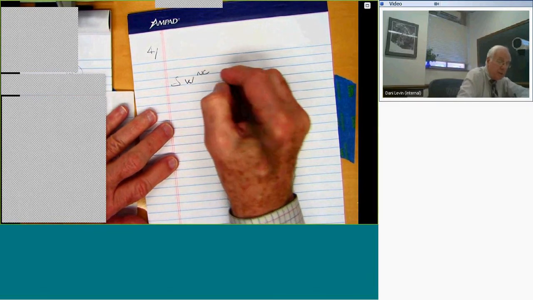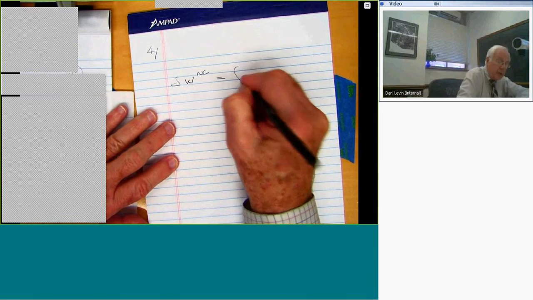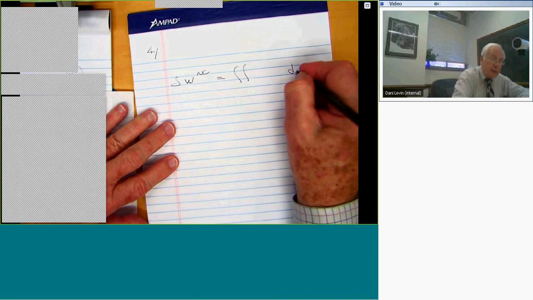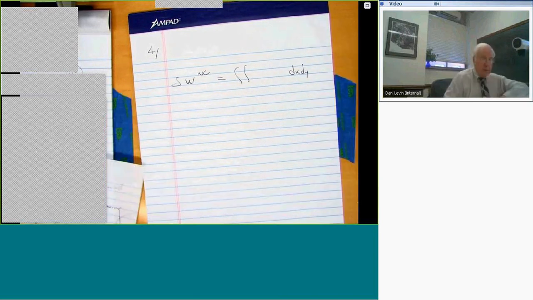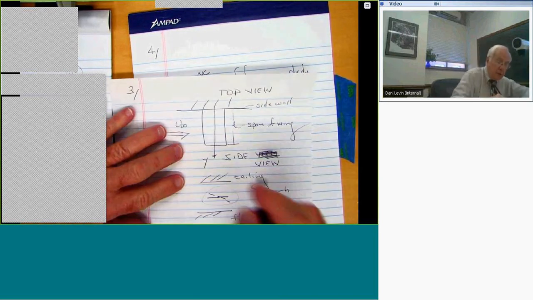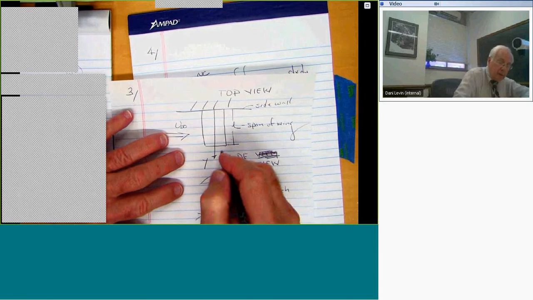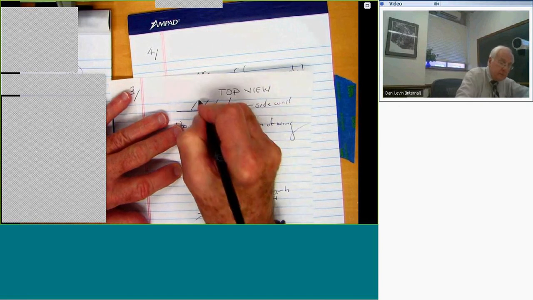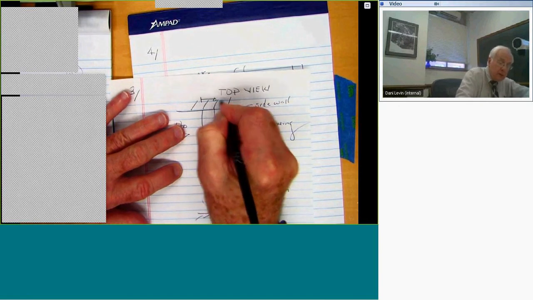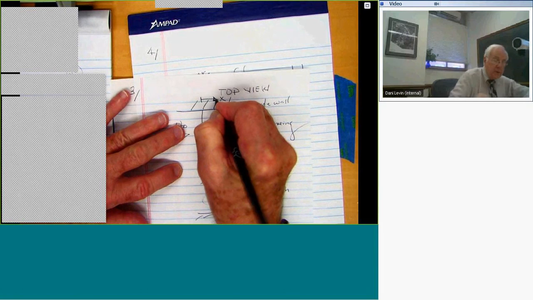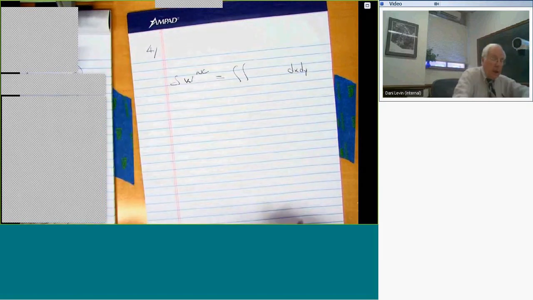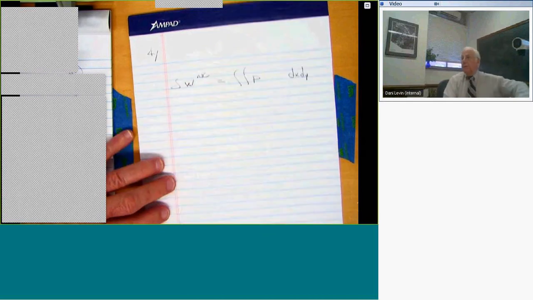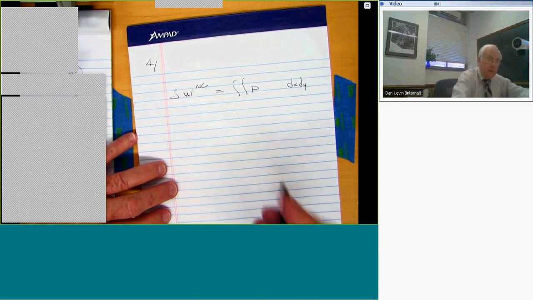Del W in C is really the integral over the area of the wing, dx, dy. Let me go back here so you know where x is. X is in this direction. X is in the flow direction, right? Of the pressure, the aerodynamic pressure, that's force per unit area, right?